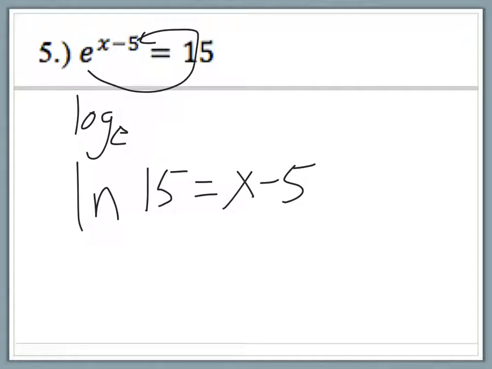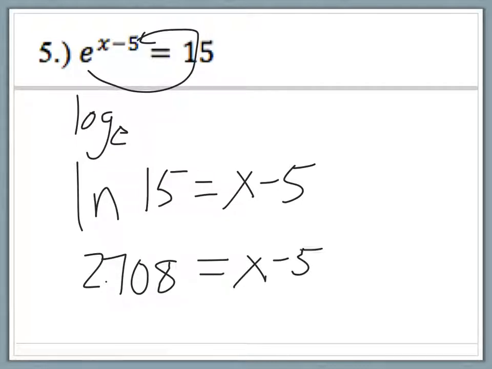Our calculator has the natural log, the ln button on it, so we can just hit ln of 15 right in our calculator and we get 2.708, equals x minus 5.